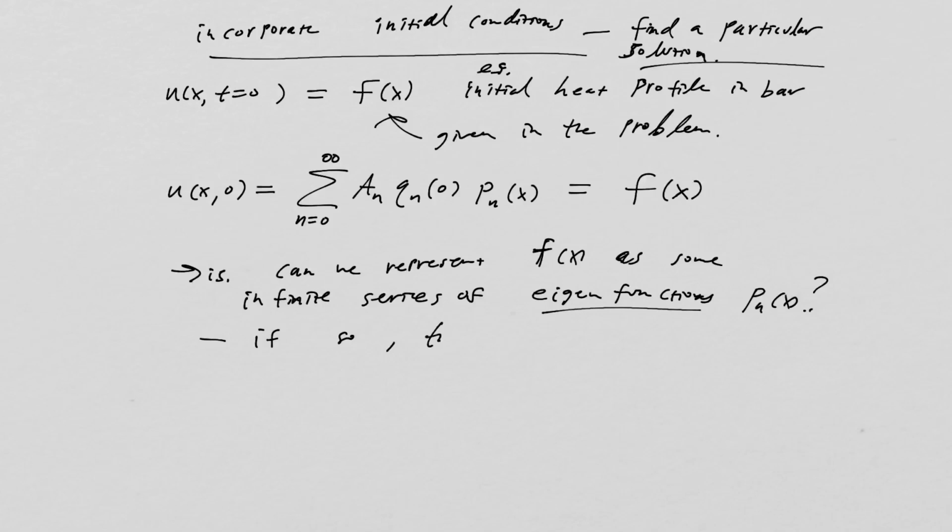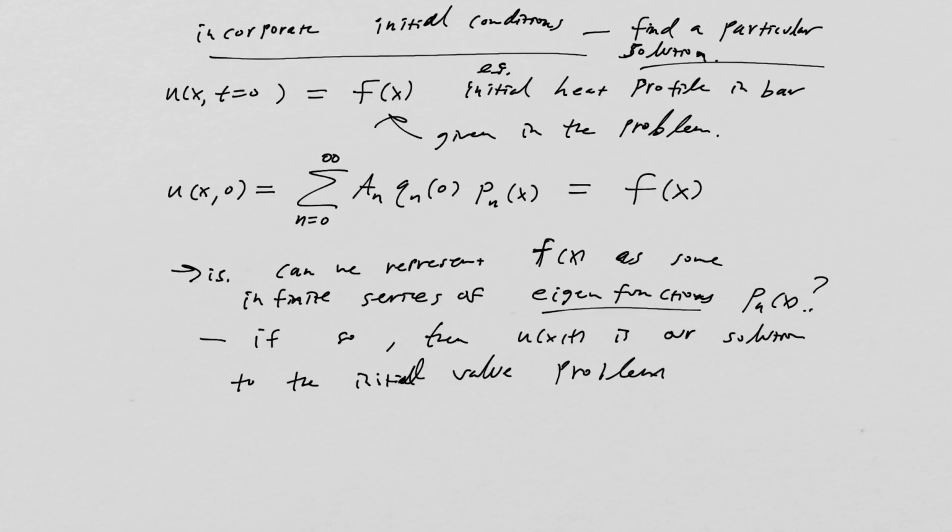If so, then u of x comma t is our solution to the initial value problem.